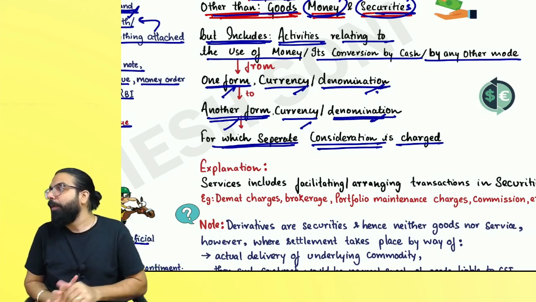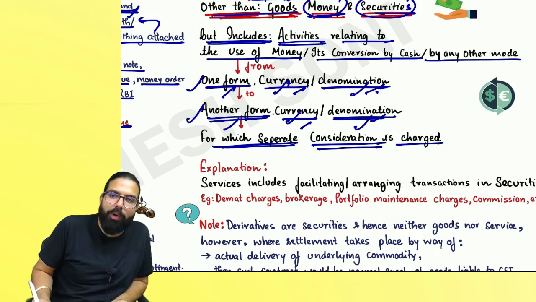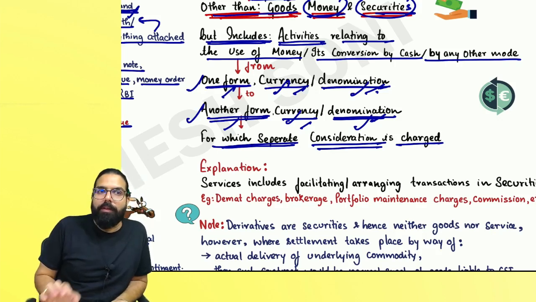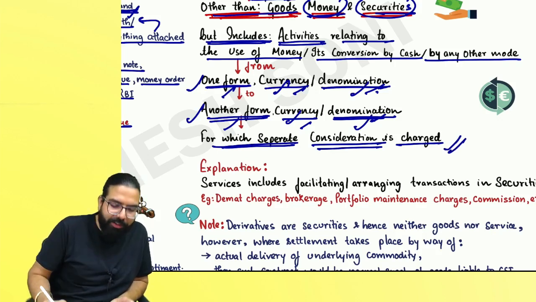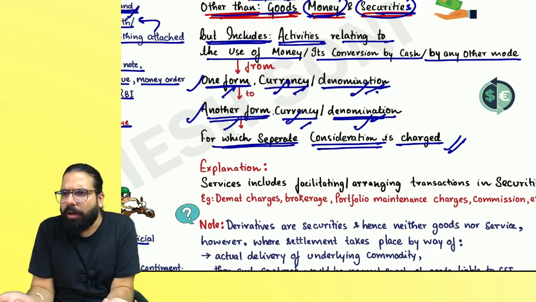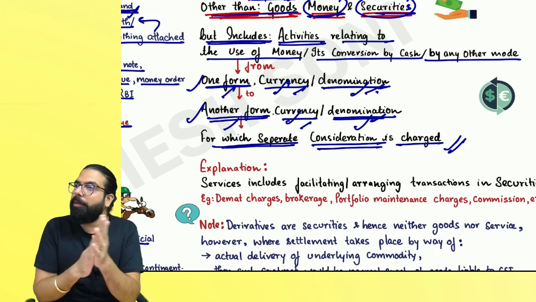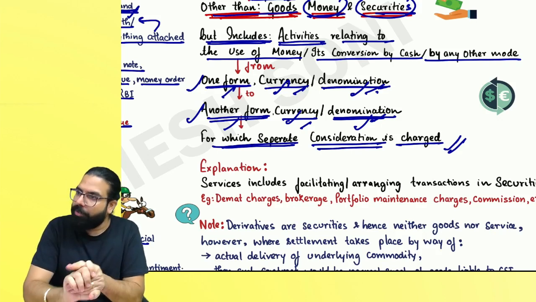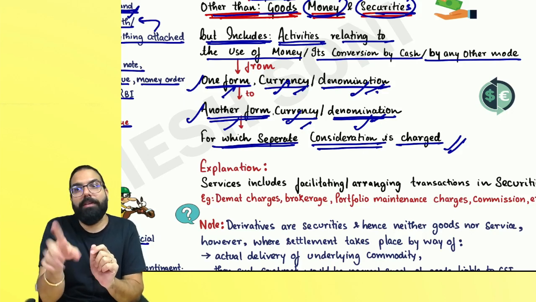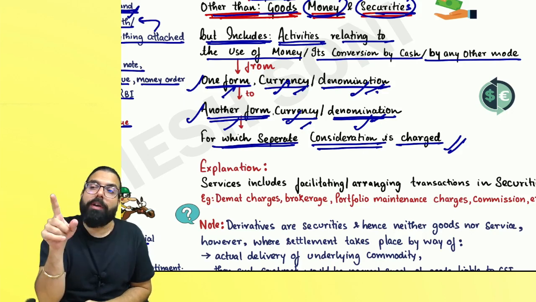Can I go ahead? Remember one thing, converting one form to another, one currency to another, one denomination to another, there has to be a separate consideration which is being charged. Tell me one thing, what is service? Service means anything other than goods, money, and securities. It means money and securities are neither goods nor service. Then they told, but it includes what?